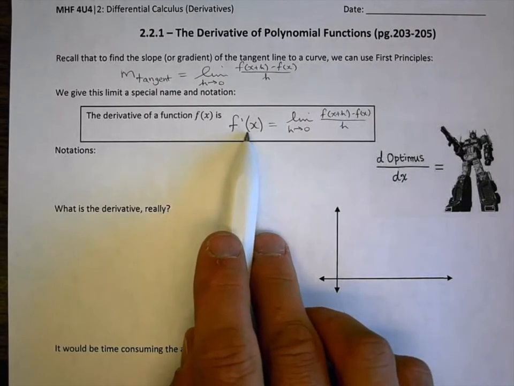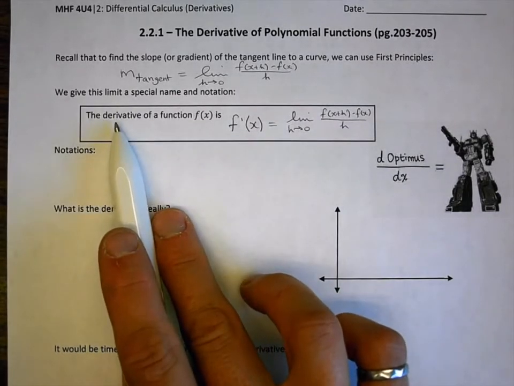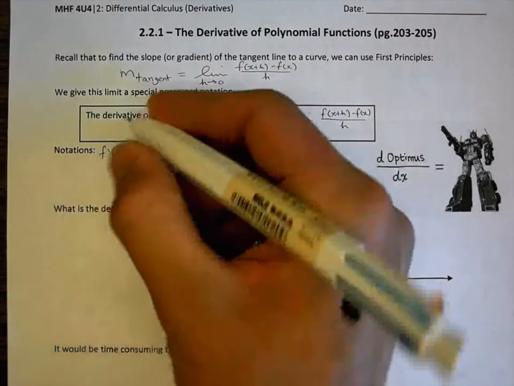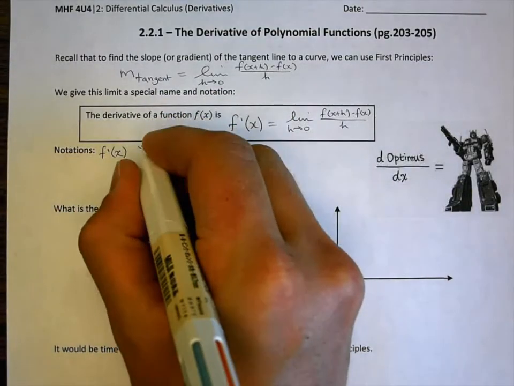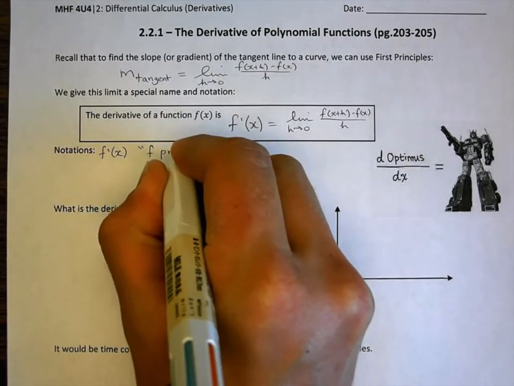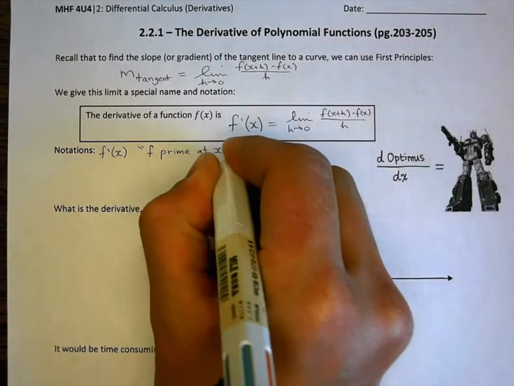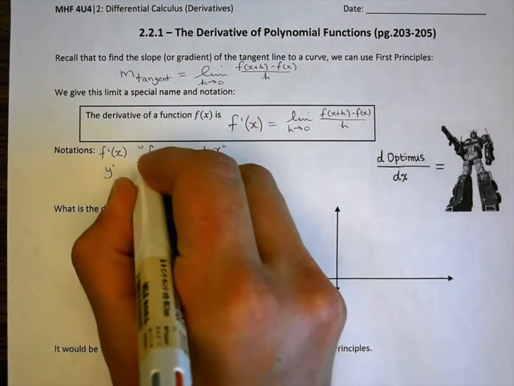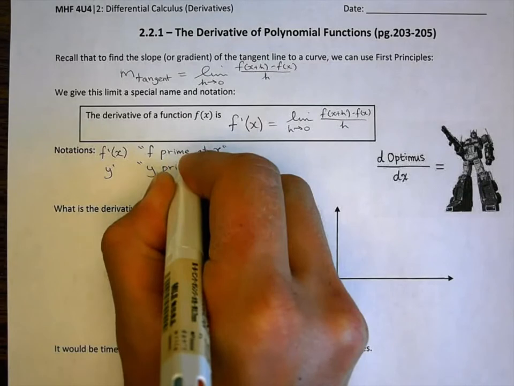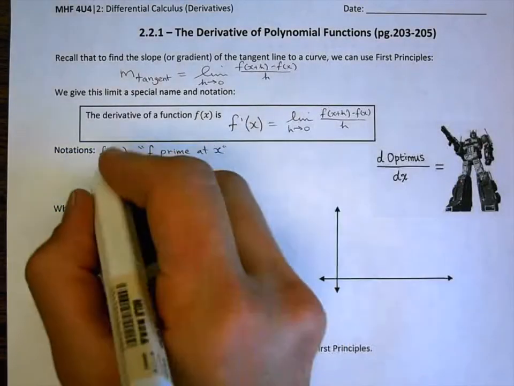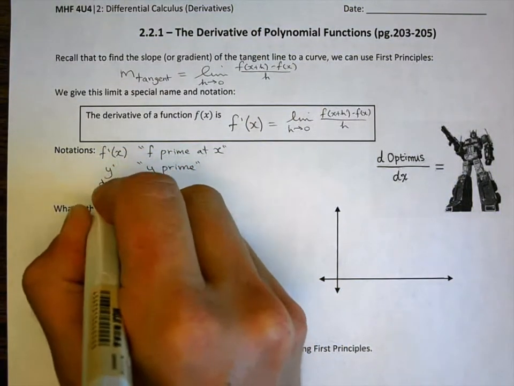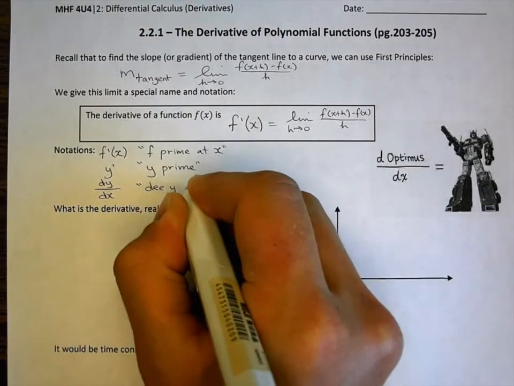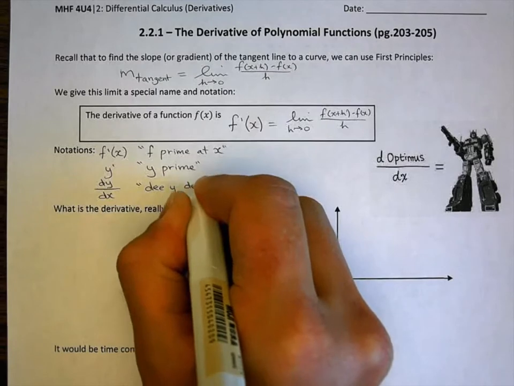Now there are a few different ways we write the derivative. We have f prime at x. We might just write it as y prime. Another common one is dy dx.